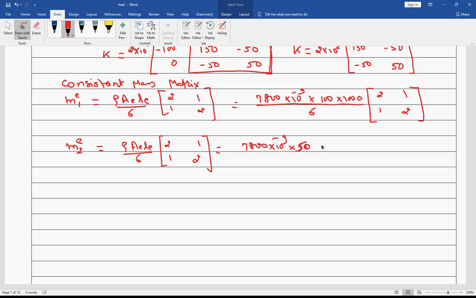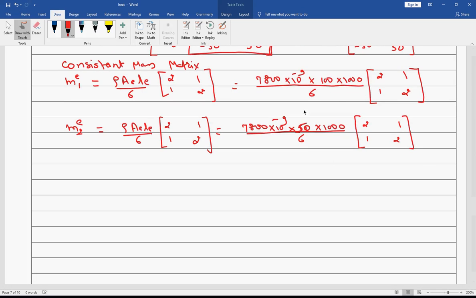Instead of 100, it will be 50 into 1000 divided by 6, 2, 1, 1, 2. Okay. Now, of course, this is 1, 2, 1, 2. This is 2, 3, 2, 3.